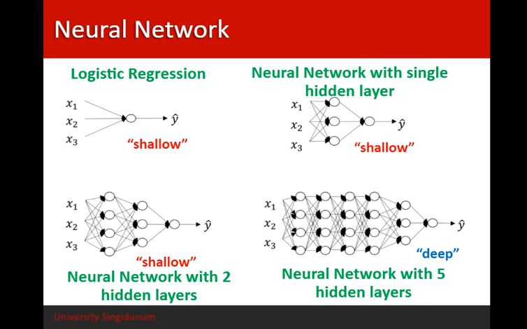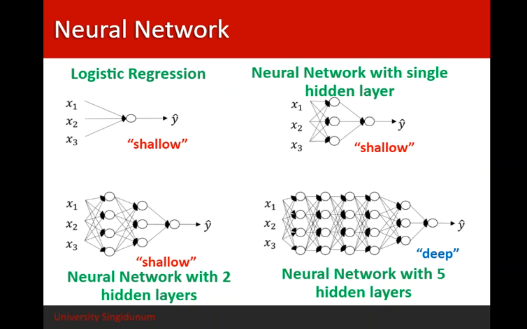Here you have different types of neural networks. First you can see the simple logistic regression that we have seen so far in detail. You have the input, then only one node, and you get the output. Then on the right-hand side you can see a neural network with a single hidden layer, and it is still considered a shallow neural network.